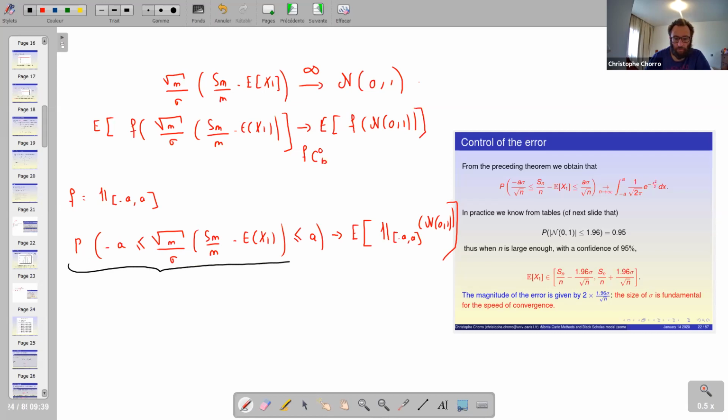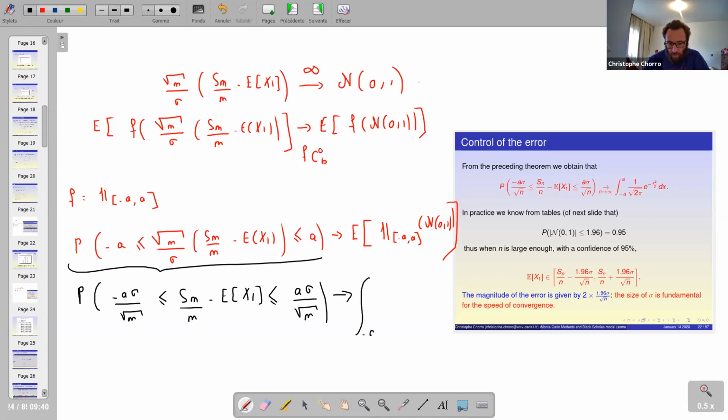This one can be written as the probability that minus a sigma over square root of n is less than Sn over n minus the expectation of x1, less than a sigma over the square root of n, and it converges toward the integral between minus a and a of the density of N(0,1) dx.